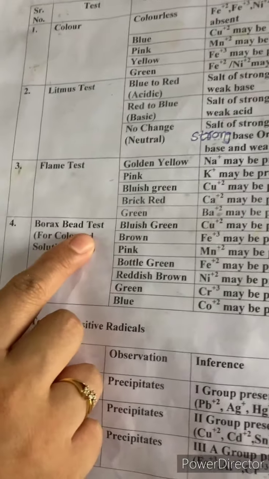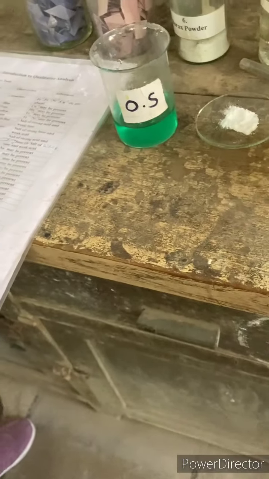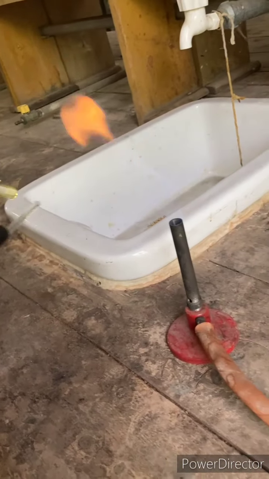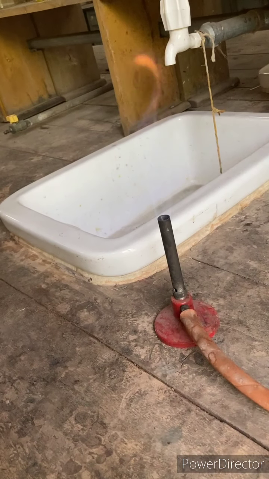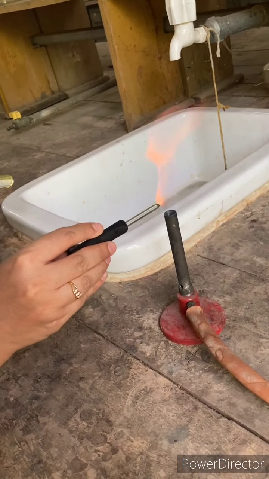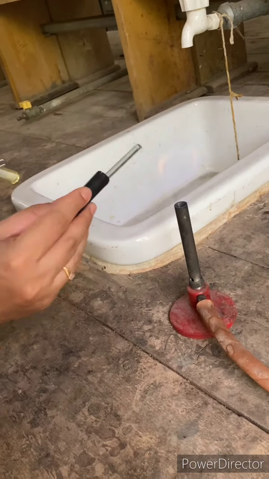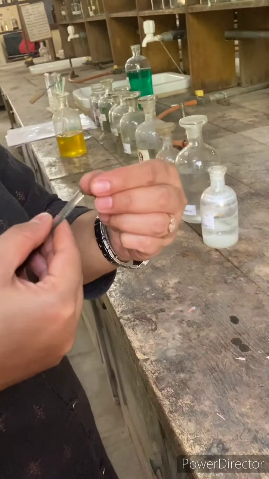Now we'll go for the borax bead test. So first, we'll again clean the wire. We'll make a loop out of the wire. Then we'll make it red hot.